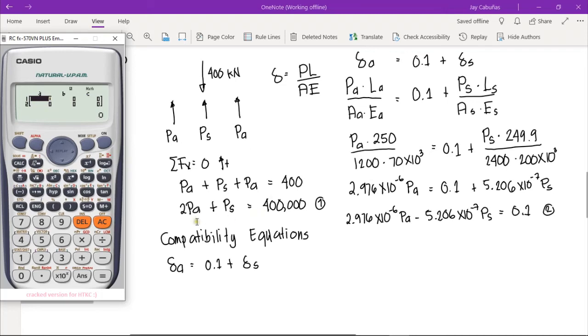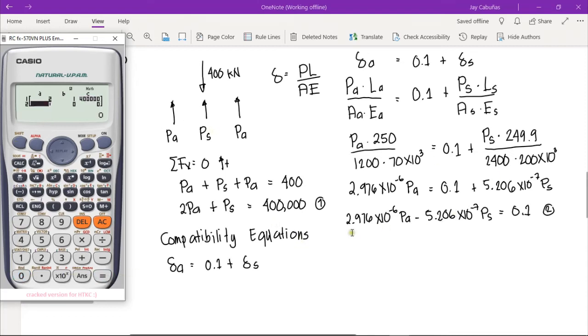Now, if we set PA here as A, the coefficient of PA is 2. Then the coefficient of PS, let's say PS is Y, that is 1. And the C here, the constant at the right side of the equal sign, is 400,000.